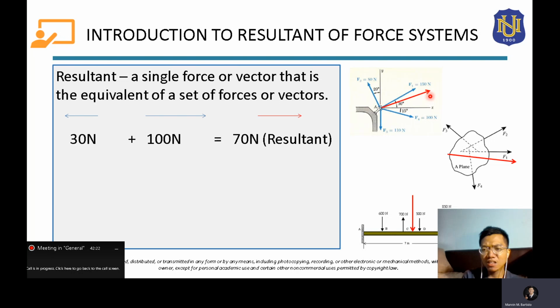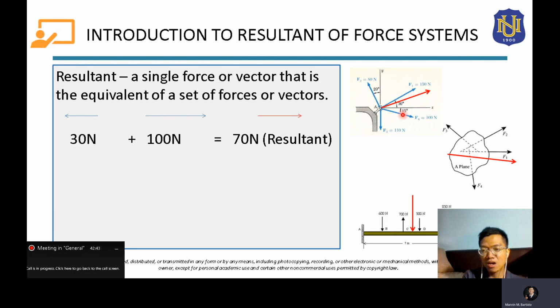The direction and the magnitude of the resultant will be dependent on the direction and magnitude of most of the forces. So if most of the forces in this force system are directed to the right, obviously your resultant will also be directed to the right.